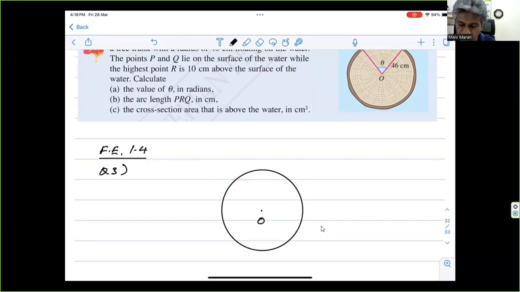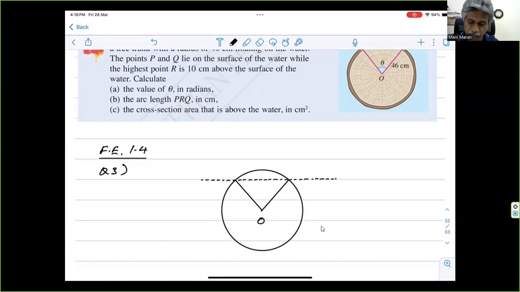So I'm just drawing a line from O to this point over here, and then another line from this point. So this is assumed to be the surface of the water. Water surface.